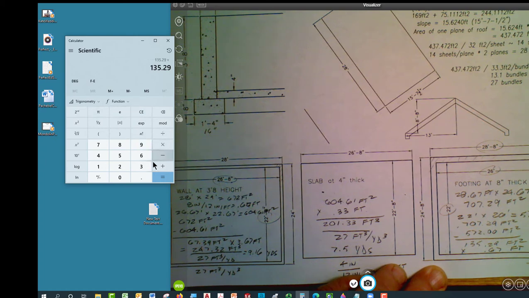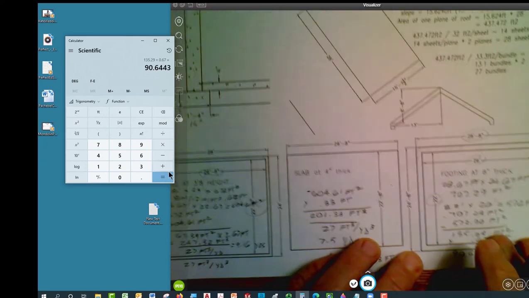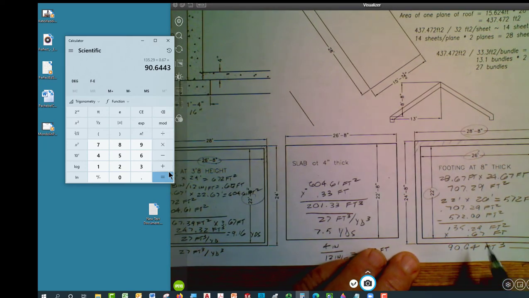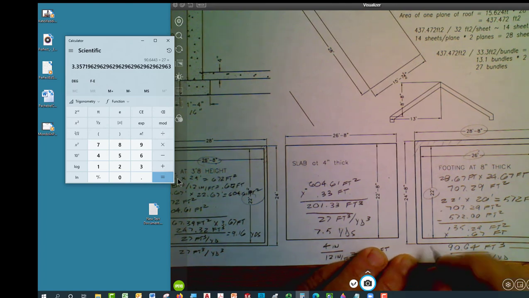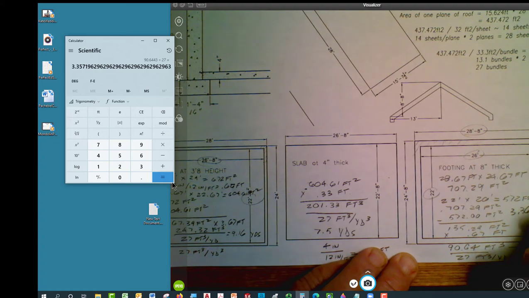Multiply that times 0.67 and we end up with 90.64 cubic feet, and then we divide that value by 27 cubic feet per yard. And that gives us 3.35. Let's go ahead and make that 3.36. So this one's going to be 3.36 yards.